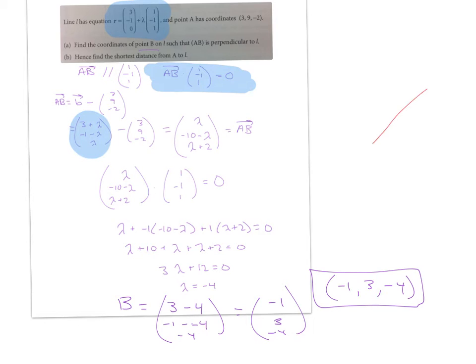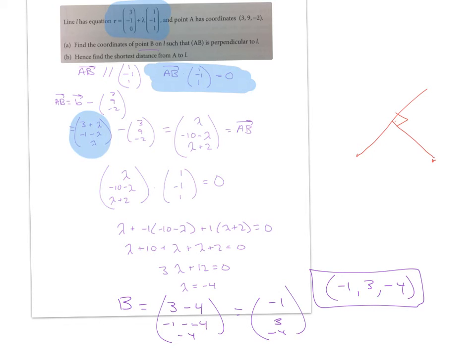Okay, here's our line. And then we have some point here. Well, what's going to be the shortest distance from this point to this line? Is it going to be this distance right here or this distance right here? No, it's not. It's going to be the distance where that point is perpendicular exactly to that line. That's going to be the shortest distance.